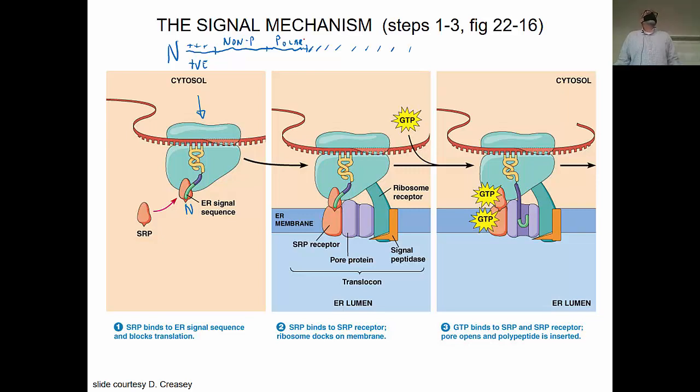So there's actually a functional component of this that is RNA. Okay? We talked about how proteins do almost all the stuff in the cell. In this case, we have an RNA component that's required for this to be active. When SRP binds to that signal, it actually stops translation. So the ribosome completely stops what it's doing.